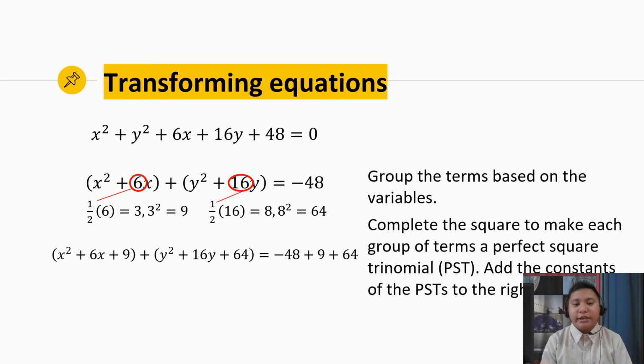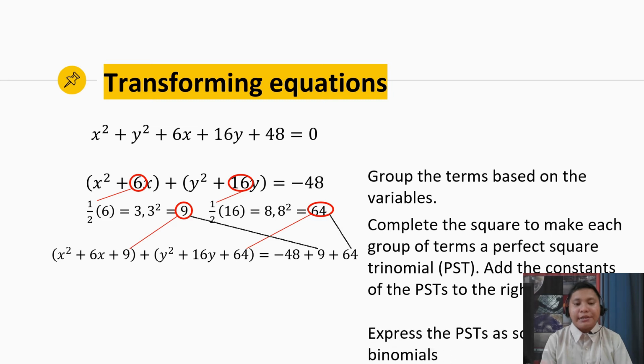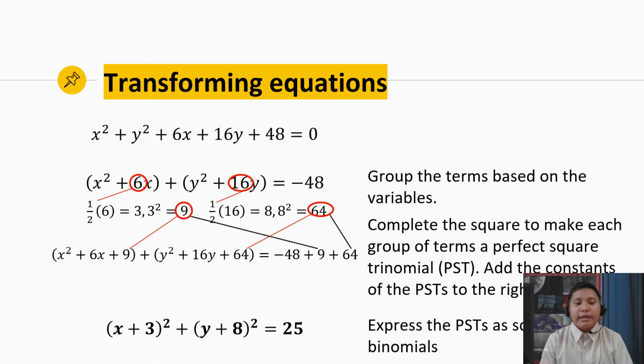So our new standard equation would be: the perfect square binomial for x squared plus 6x plus 9 is (x plus 3) squared, and for y squared plus 16y plus 64 is (y plus 8) squared, is equal to 25. So this is now our standard equation of the circle.